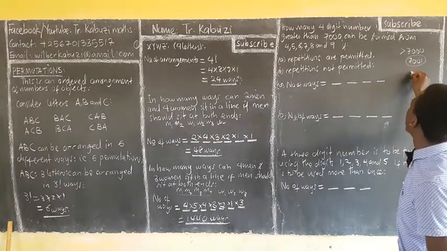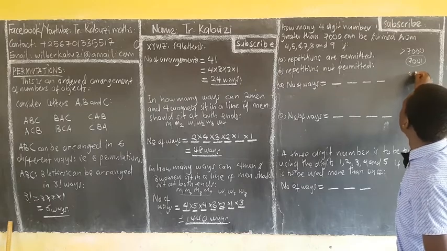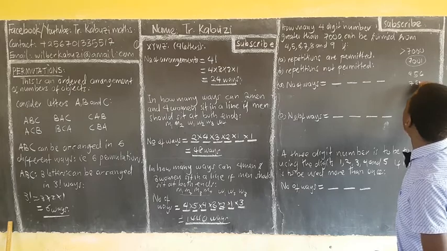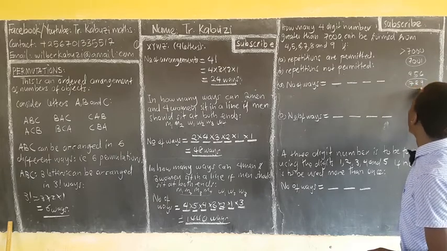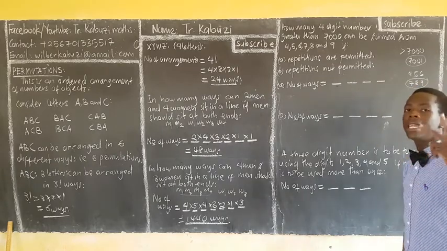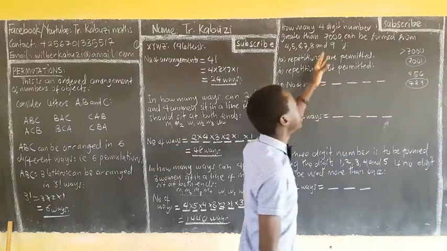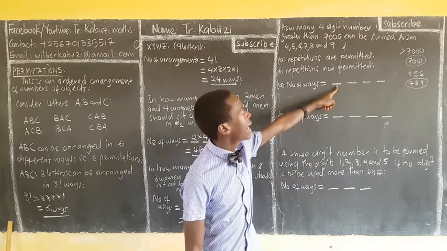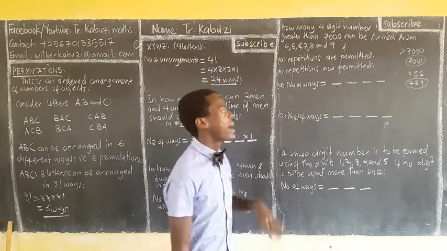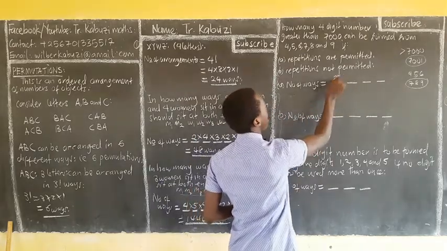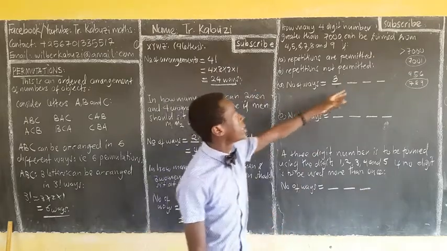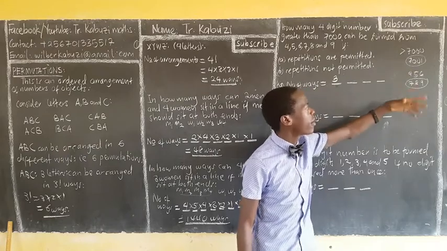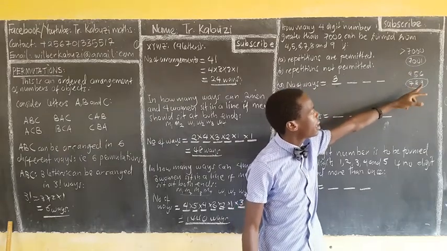The numbers I have are 4, 5, 6, 7, 8, and 9. These are the only ones that can give me a number greater than 7,000. So this first position can be occupied by 3 numbers, so it can be multiplied by 3. Why? Because numbers that give me a value greater than 7,000 are 7, 8, and 9.